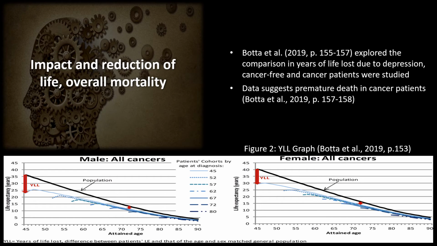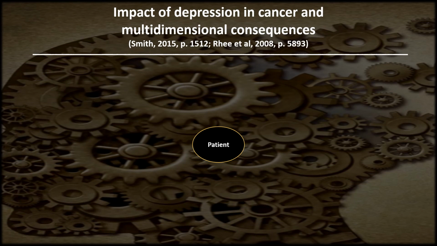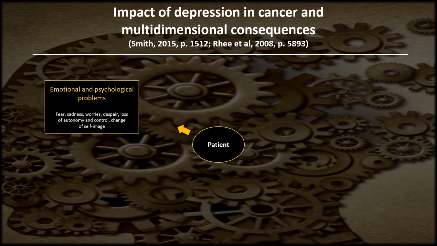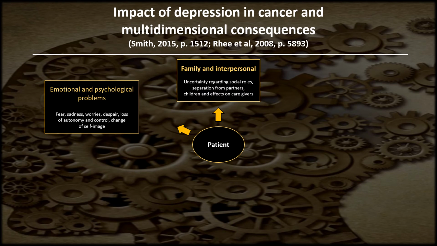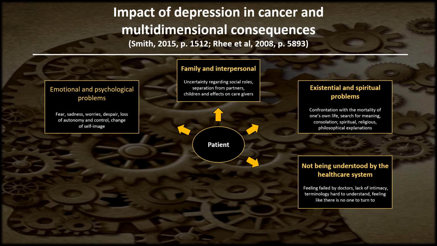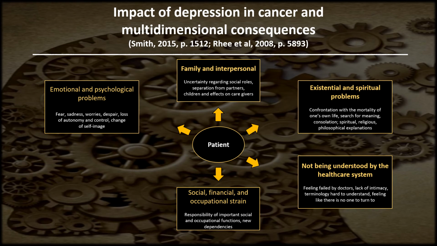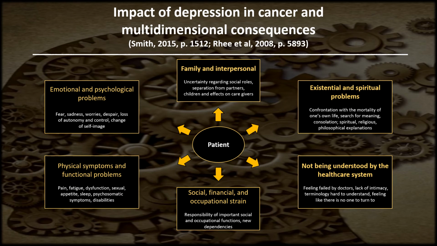In our next slide, we will look at the impact depression has on patients' lives, families and their caregivers. Depression in cancer has many implications on a patient's life, including their family and caregivers. The effects can be seen to play parts in psychological problems, family, spiritual, understanding of doctors' language about the disease, financial strain due to most patients not being able to work, and physical symptoms, which all contribute to depression.